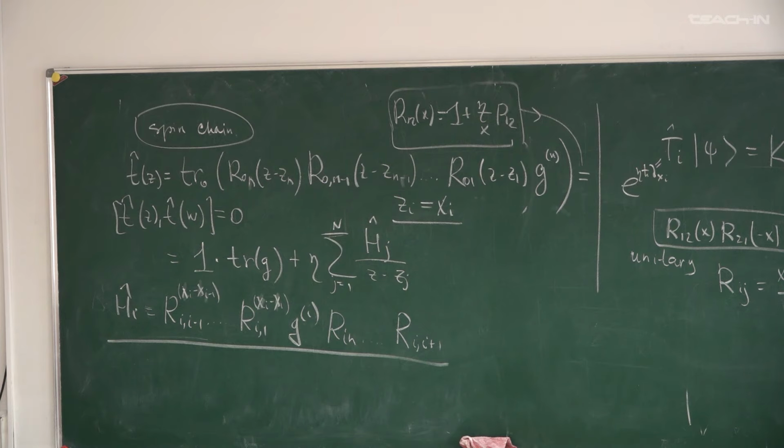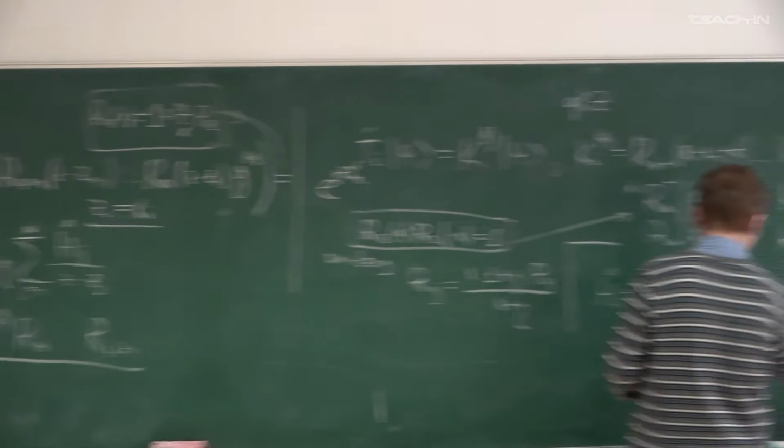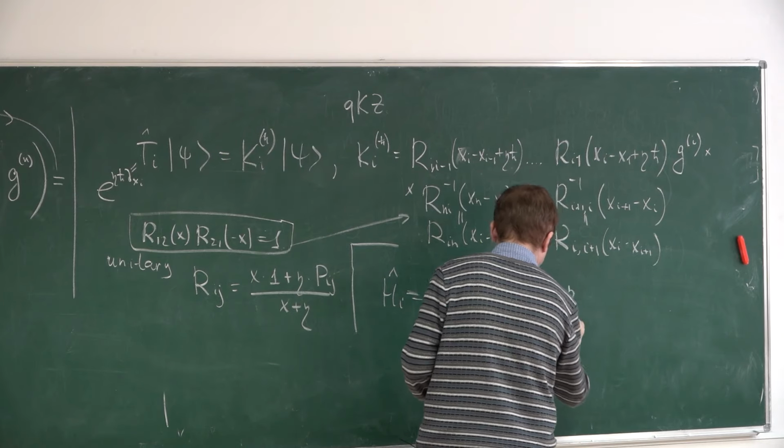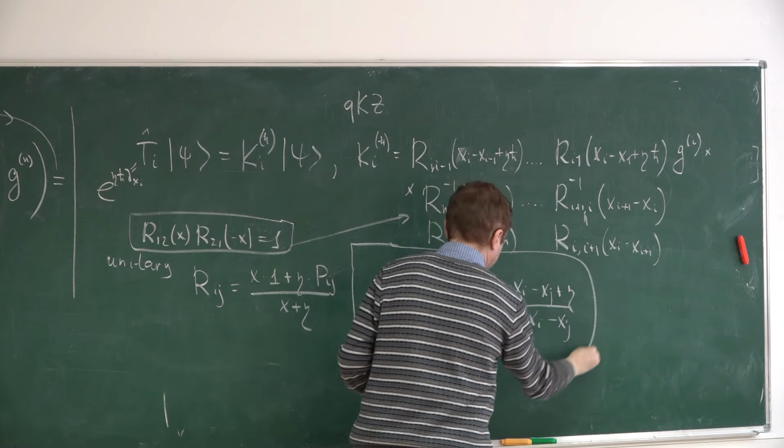The product over j not equal to i of (xi minus xj plus eta) divided by (xi minus xj). This is what I want to say.